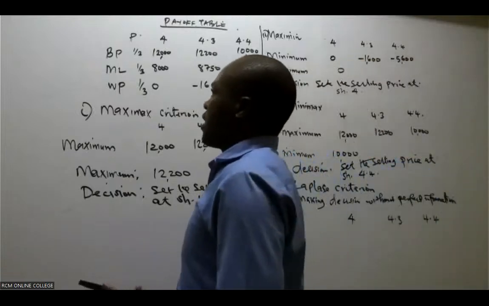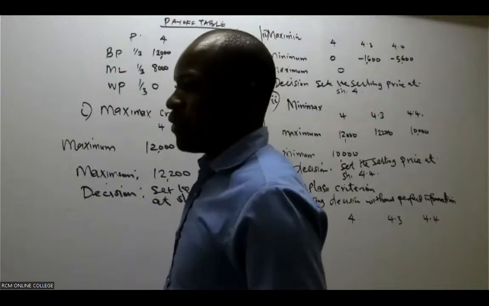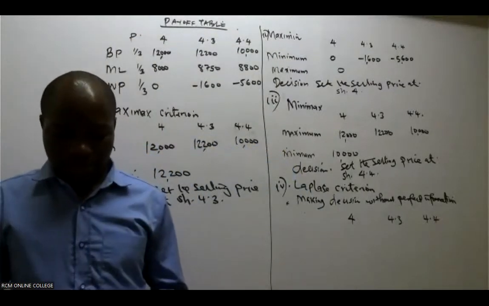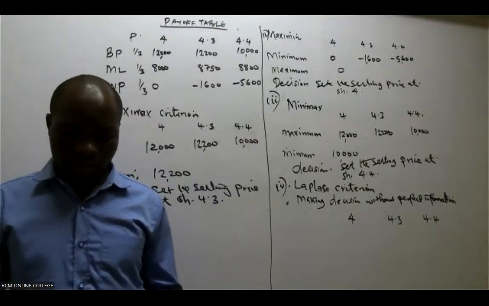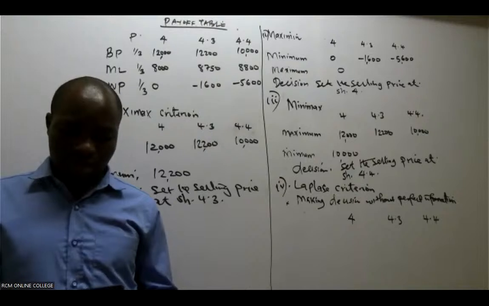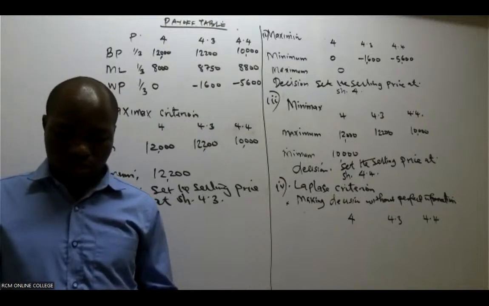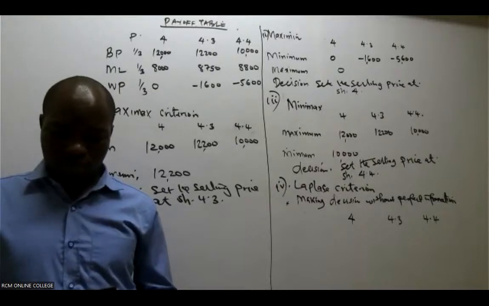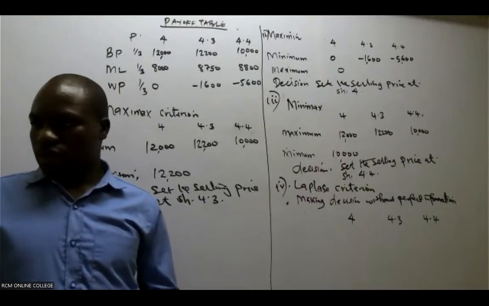A third of 12,000 plus a third of 8,000 plus a third of 0. What will we have there?